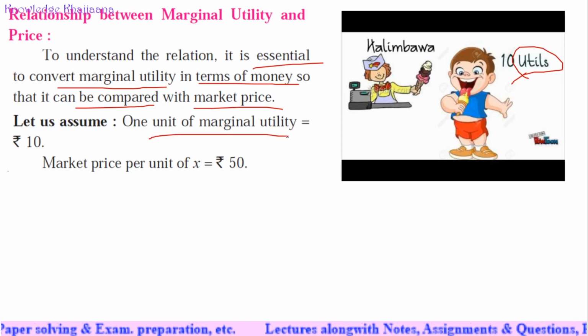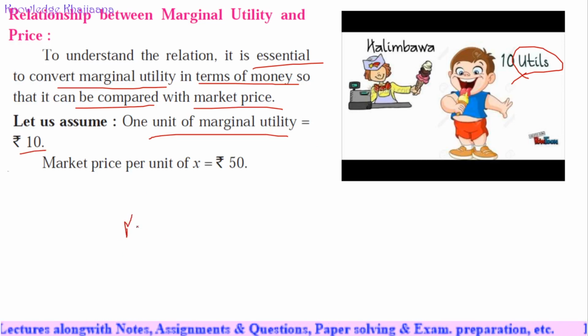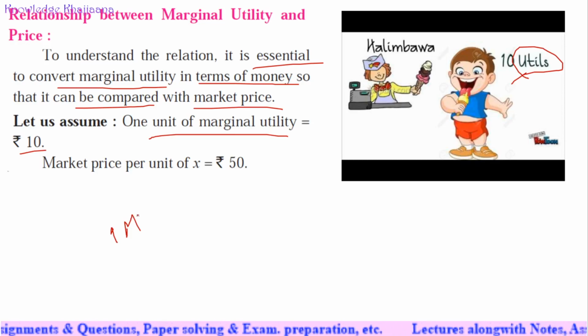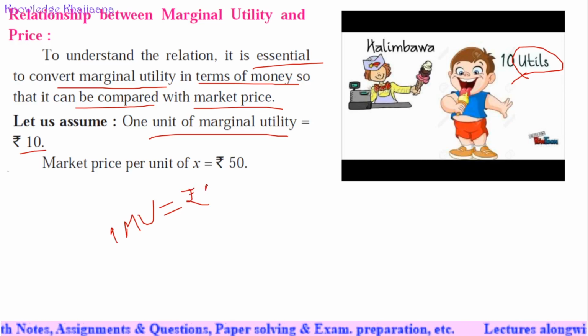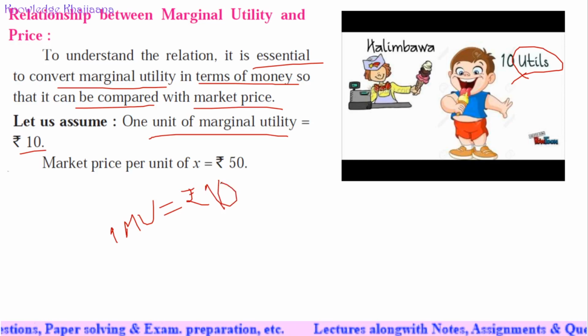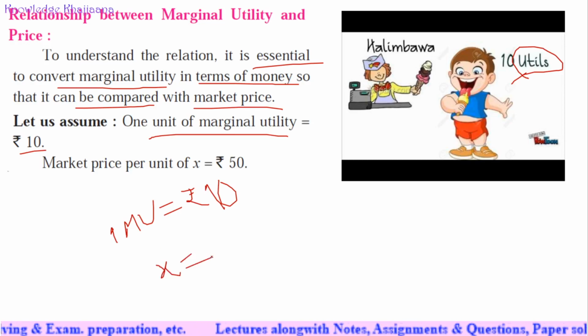It is assumed that 1 unit of marginal utility is rupees 10, and the market price of 1 unit is rupees 50.